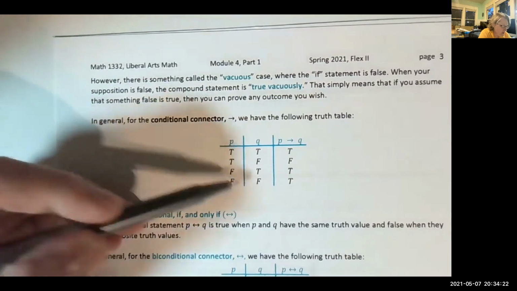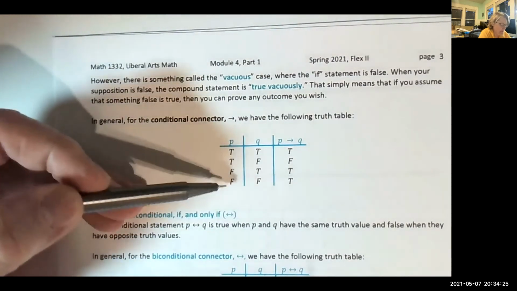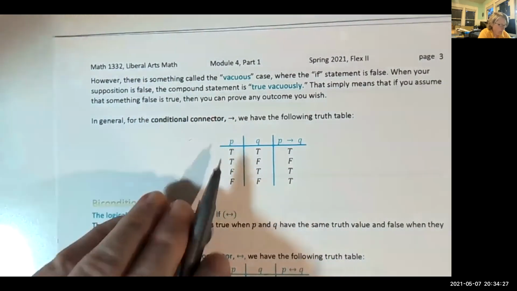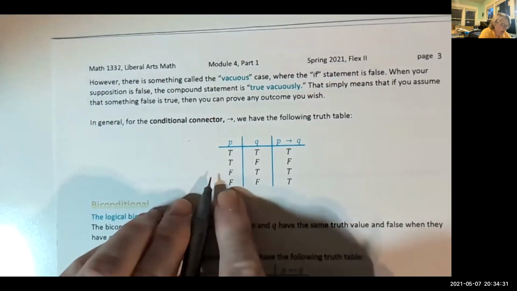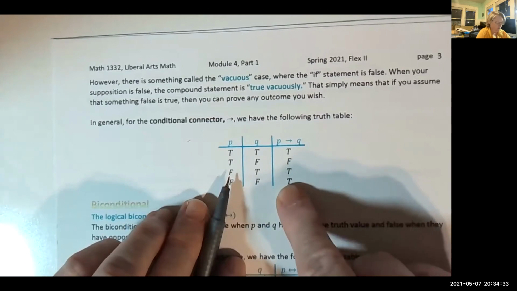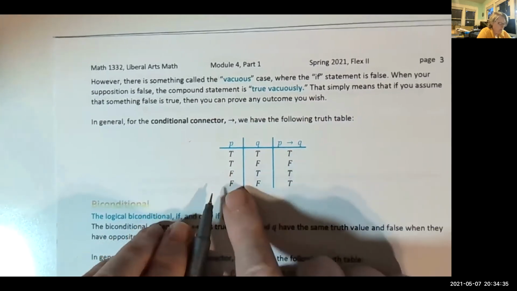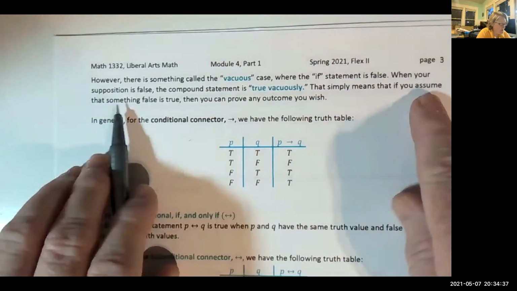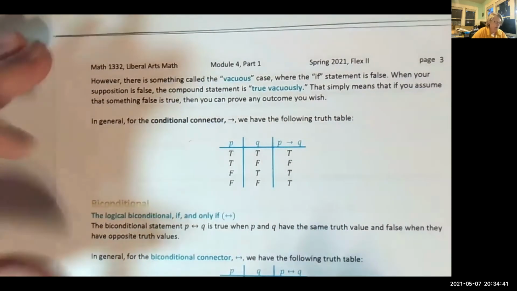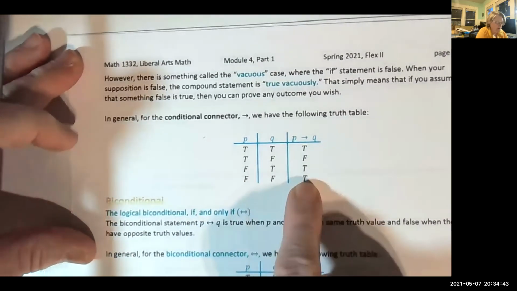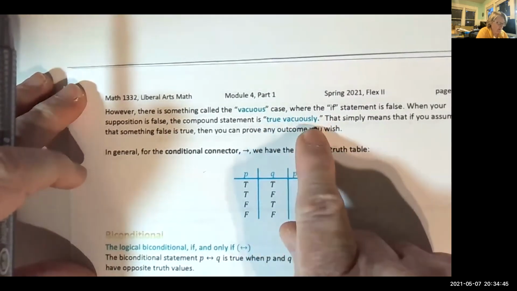If you assume something false, you're saying if P is false, the outcome is going to be true no matter what. Because if you assume something false is true, then any outcome is true. You get anything you want. And this is called true vacuously.